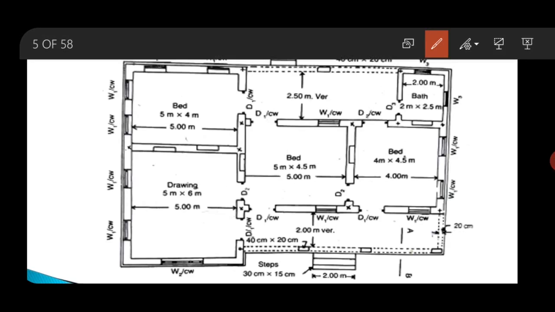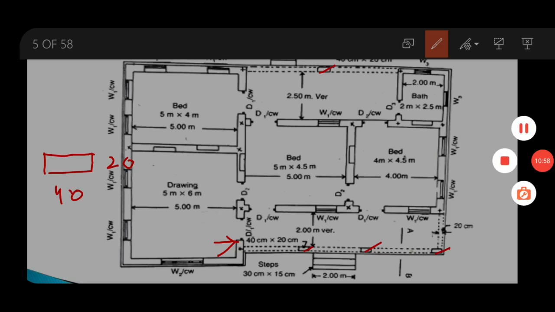There are 1, 2, 3 and 4 numbers of pillar. And the size of the pillar, you can see here, is written as 40 centimeter by 20 centimeter. Okay, so this is the size of the pillar. On this side it is 40 and on the other side it is 20.